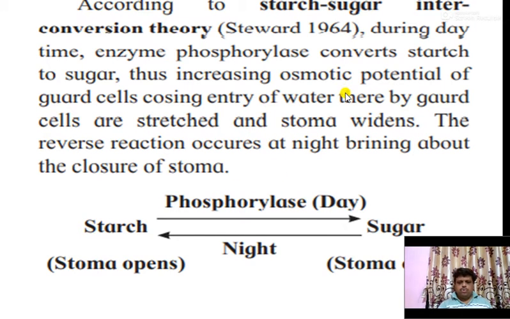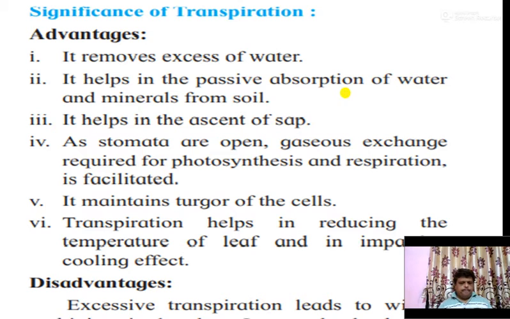Let us move towards one more theory. According to the theory of proton transport, by Leavitt in 1974, stomatal movement occurs due to the transport of protons, that is H plus, and K plus ions. During daytime, starch is converted into malic acid.